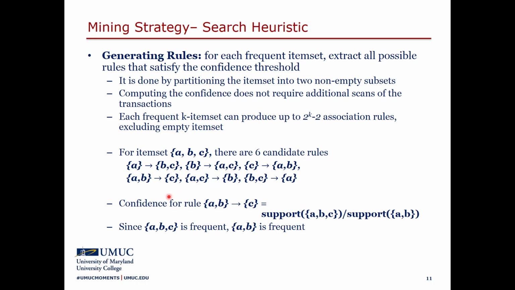The way you calculate the confidence for each rule is by dividing the support of the frequent item set by the support of the antecedent. In general, since you are going over item sets that are frequent, if the item set is frequent, any subset of it is frequent. So that property holds.